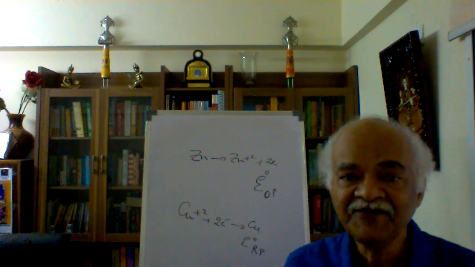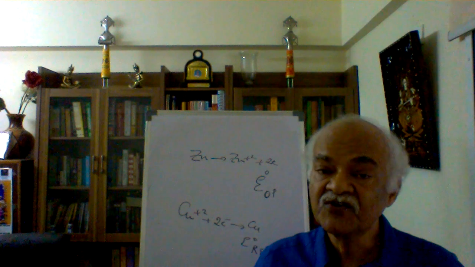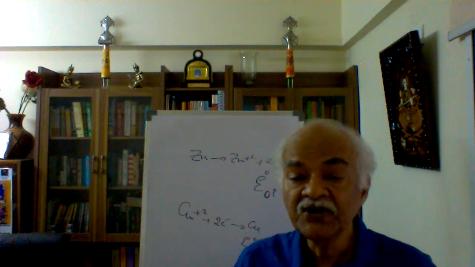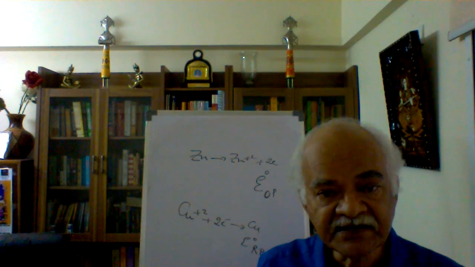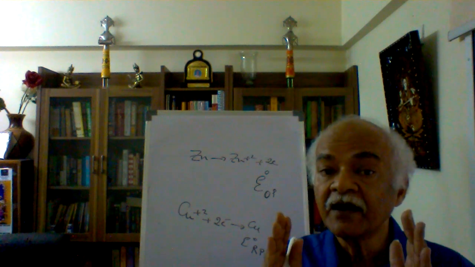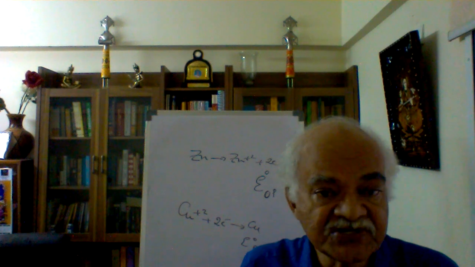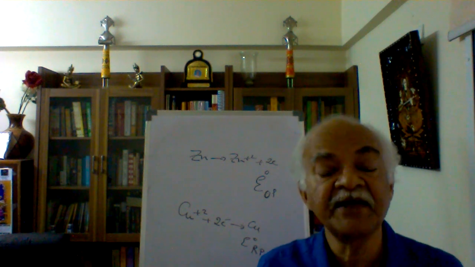But here we make a good assumption. What we do is, instead of taking E naught RP and E naught OP, we consider as if all half reactions are reduction processes only. The actual reality is not that, is it not? It could be oxidation or reduction. But what is the assumption we are making now?